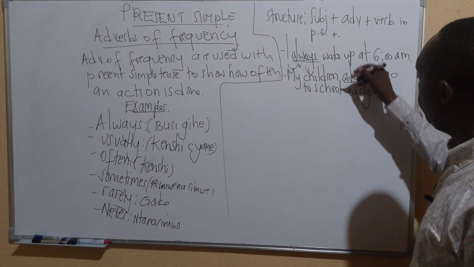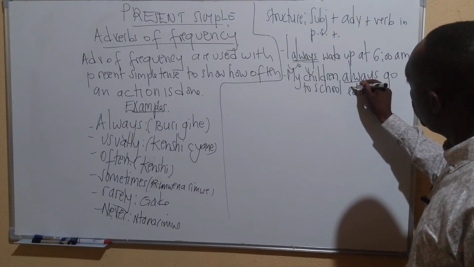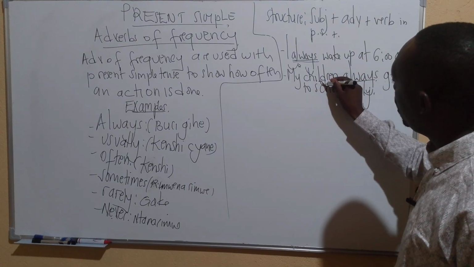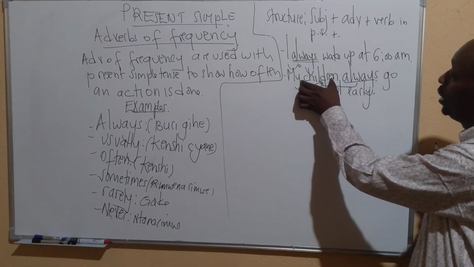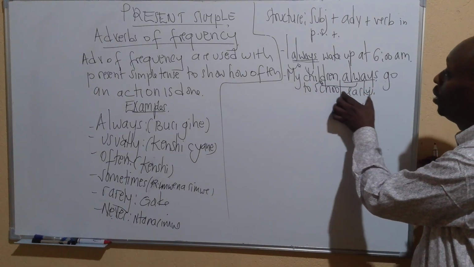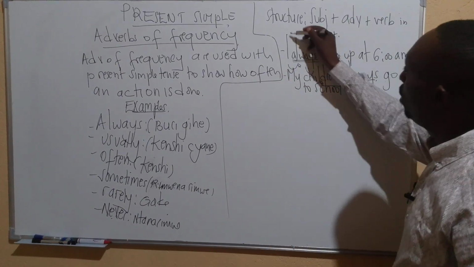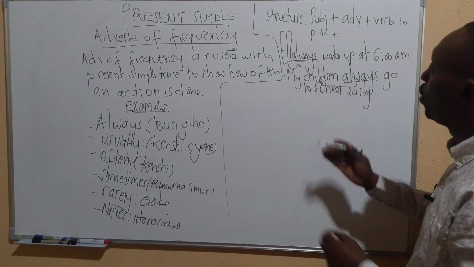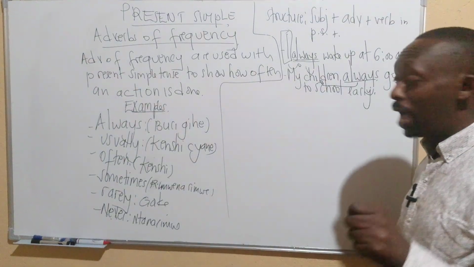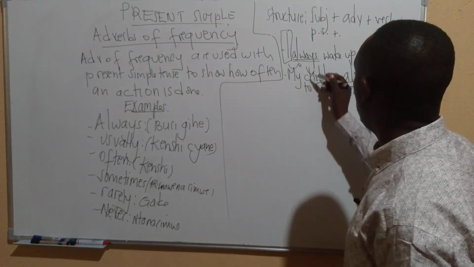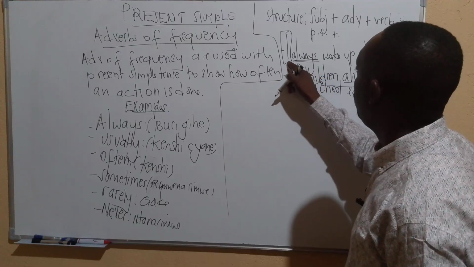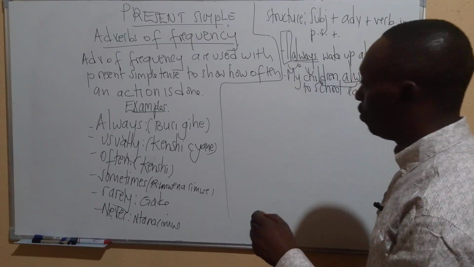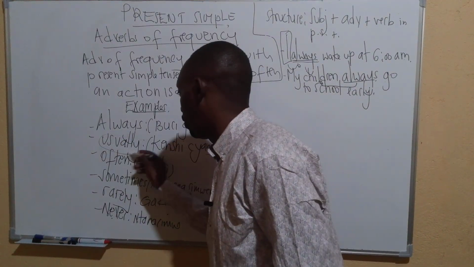Urabona ko iyi adverb of frequency irimo irakurikira subject which is my children here in the second statement, while in the first statement subject is I. In present simple tense, to talk about how many times an action happens, we put these adverbs of frequency after the subject.